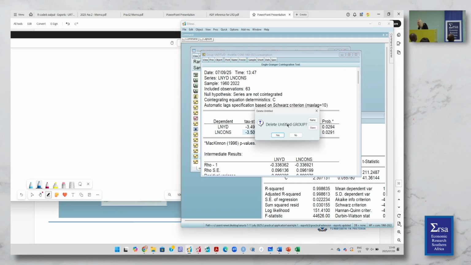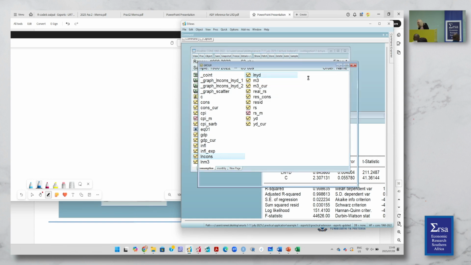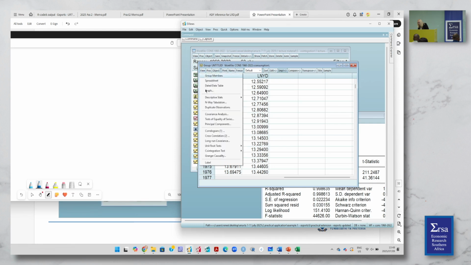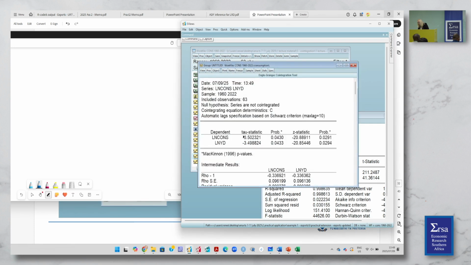I wasn't careful selecting that, so we select consumption. We always select the dependent one first and then the independent one, otherwise you have to look at the second line. We view co-integration test, single equation. We say okay. Since consumption is the dependent value, our interest is there.